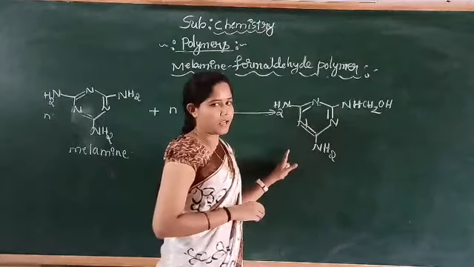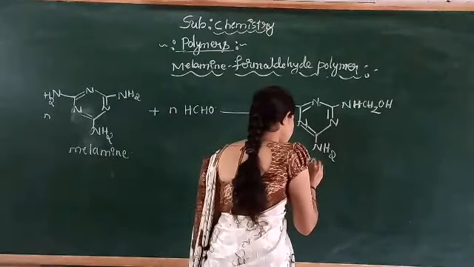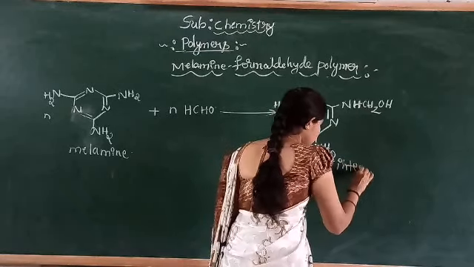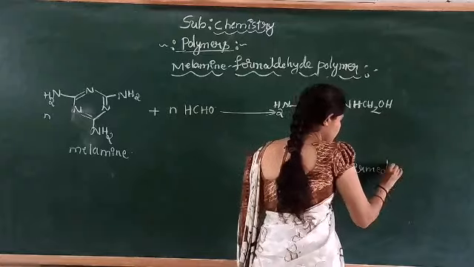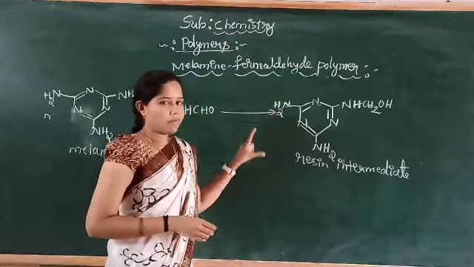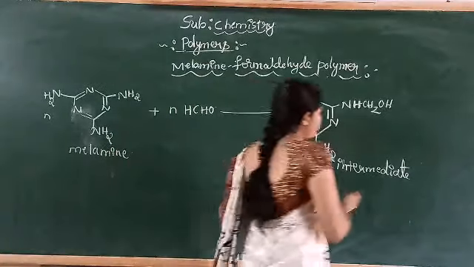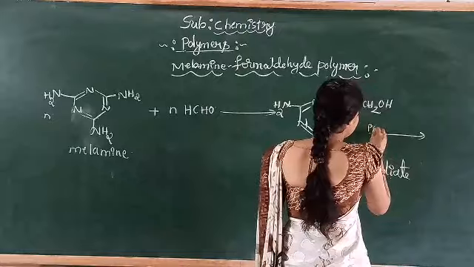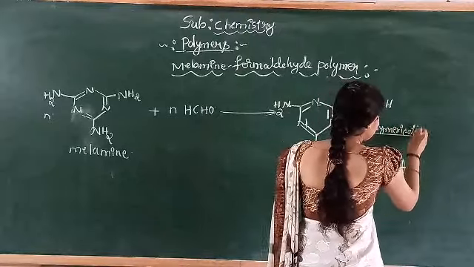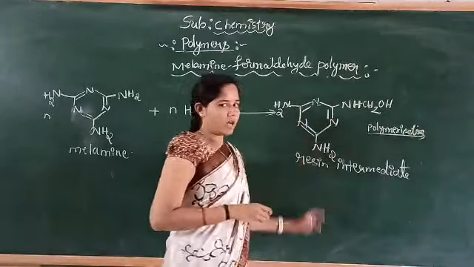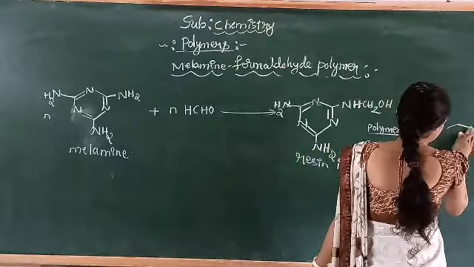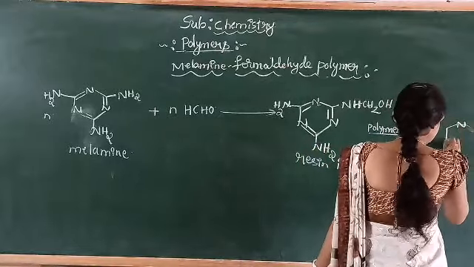This is known as resin intermediate. Upon the polymerization of this resin intermediate, we obtain melamine formaldehyde polymer. The structure of melamine formaldehyde polymer is like this.